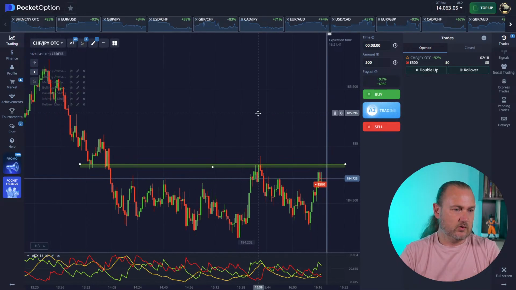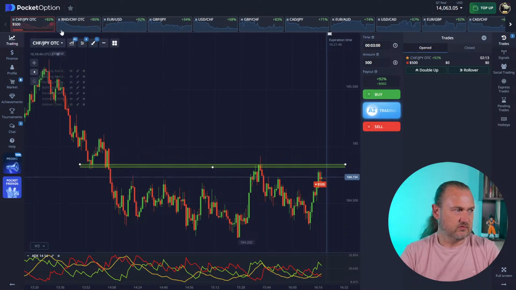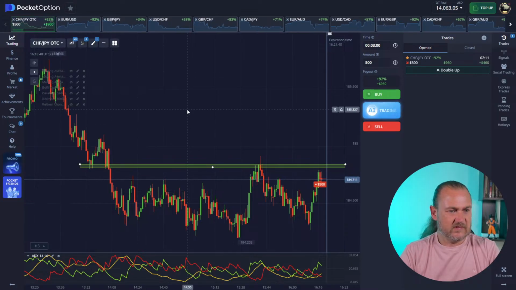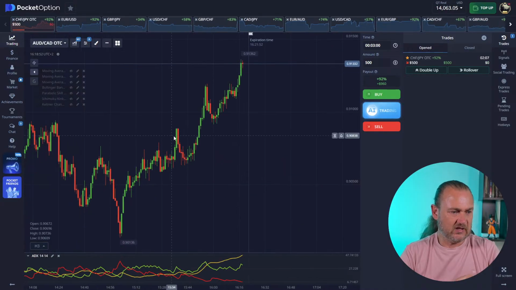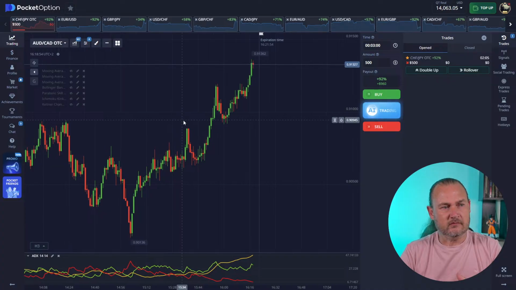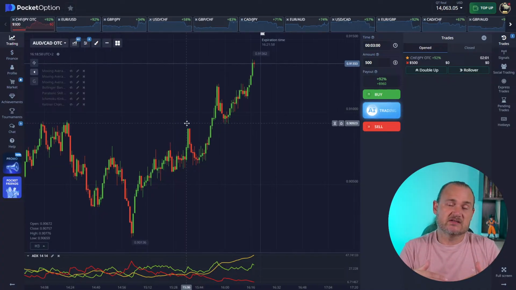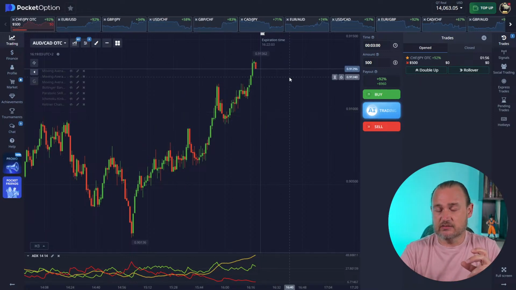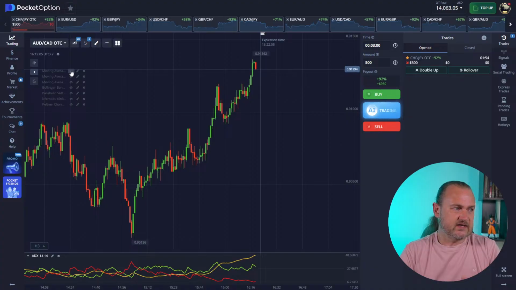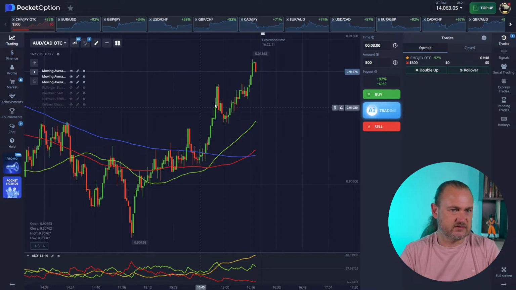Okay, while we're waiting for this to finish up, I'm going to add this to my hot slot there, and I'm going to look at some other assets while we're busy waiting. Now, support and resistance that you draw in is very valid. One of the other ways that I like to use support and resistance is with moving averages. So I always have these 3 moving averages on my chart. It's the 50, the 100, and the 200 simple moving averages.